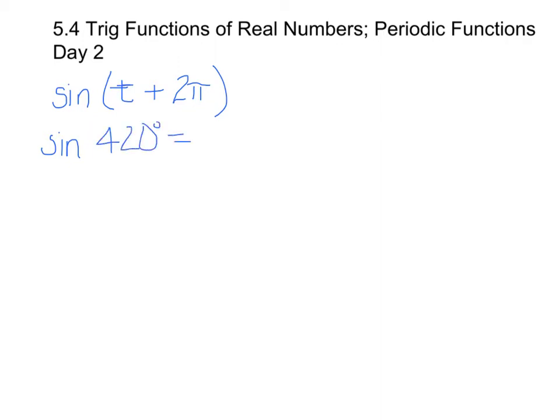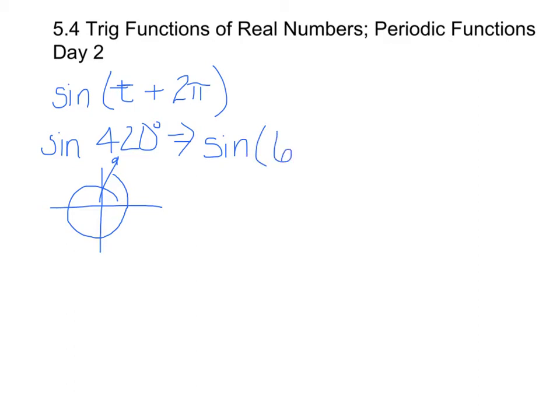If we break it down to this format, that means that we would have to go around our circle one full time, which is 360, and then 60 more would give us 420. So it'll look like this.